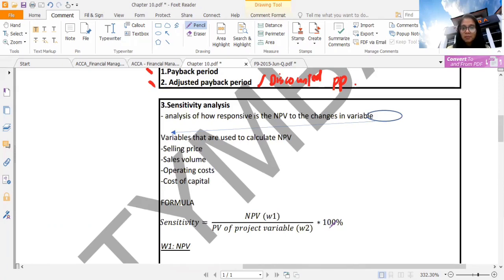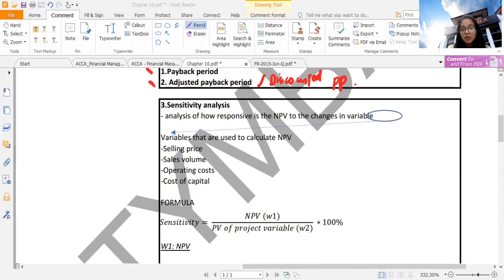What it means is that when there is a small change in your variable, how would your NPV react? If your NPV reacts positively, as in the NPV does not move to become zero, then you don't have an issue. But you will have an issue when your NPV moves to become negative.